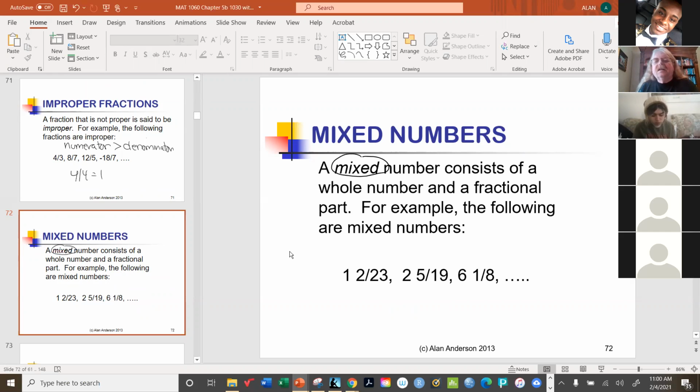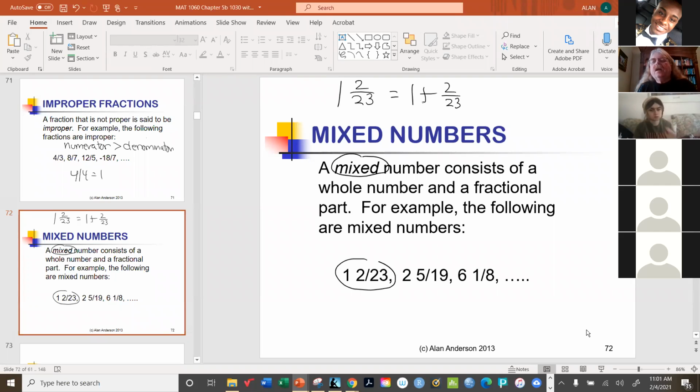So let's say I decide this is awkward to deal with. Why don't I convert it into a fraction? What would I have to do? What might be a good way of converting this into a fraction? Well, here's what we're going to do. This is our strategy. I'm going to rewrite 1 in a very convenient way. So first of all, this is equal to 1 plus 2/23.